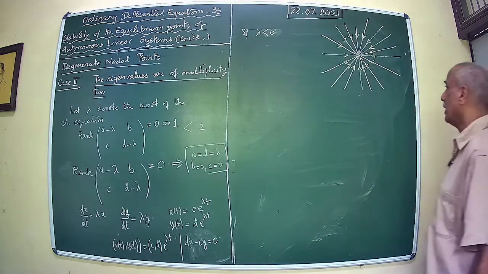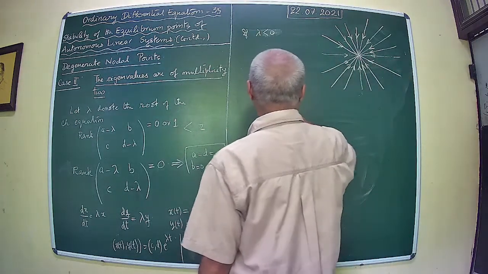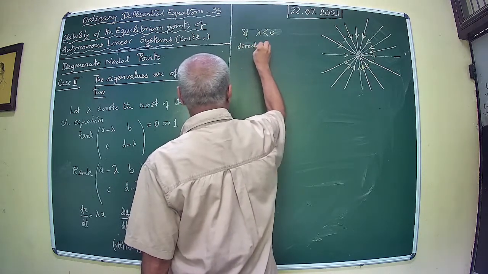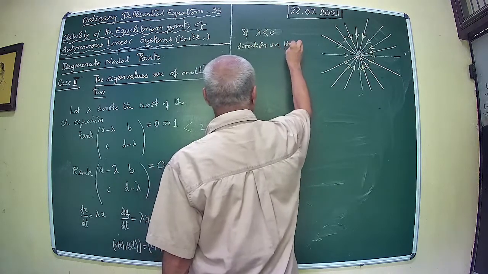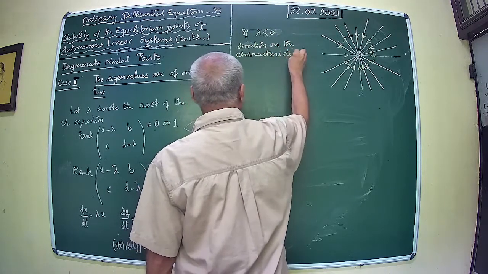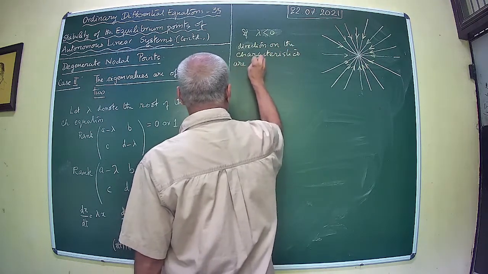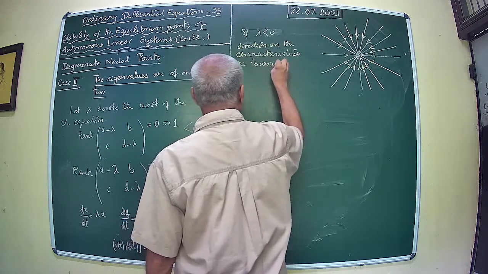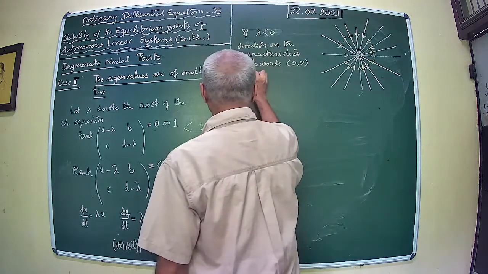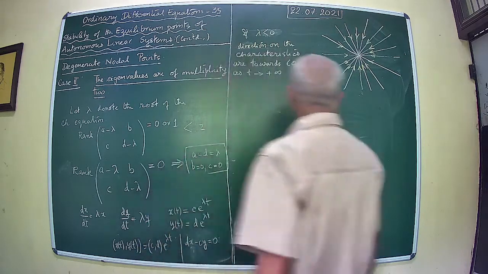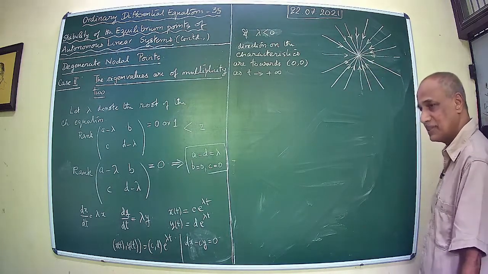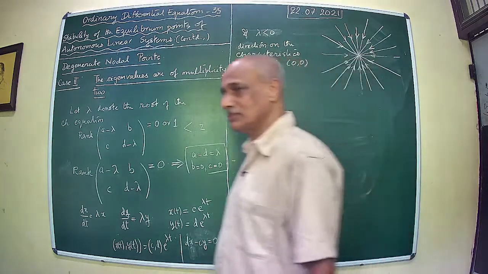The direction on the characteristics is such that eventually any particle anywhere will take a radial route and just collapse to the equilibrium point 0, 0.